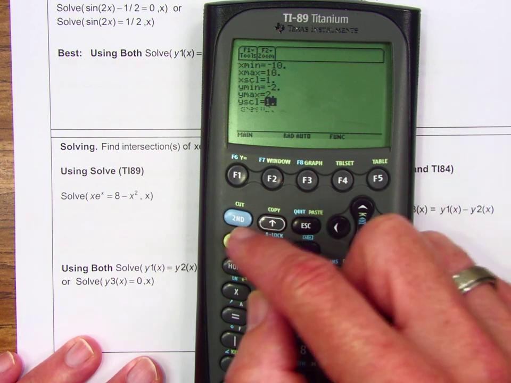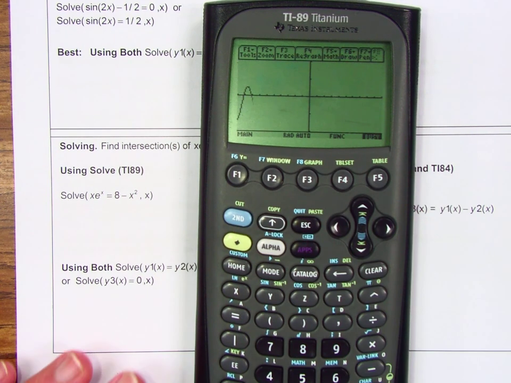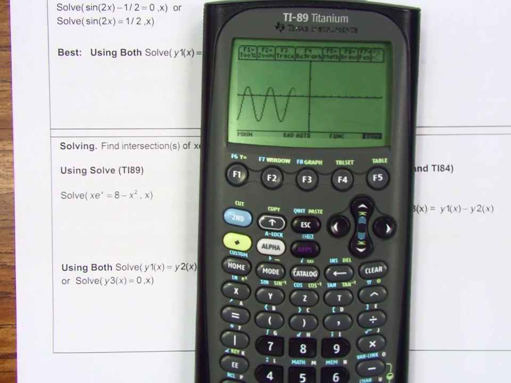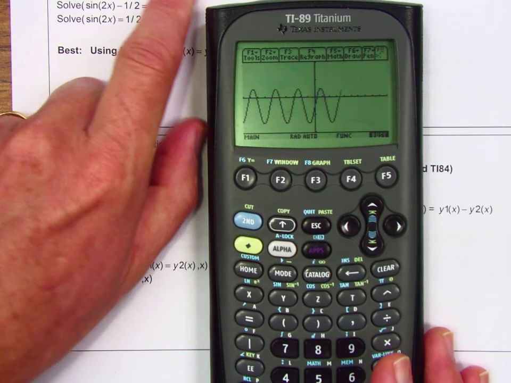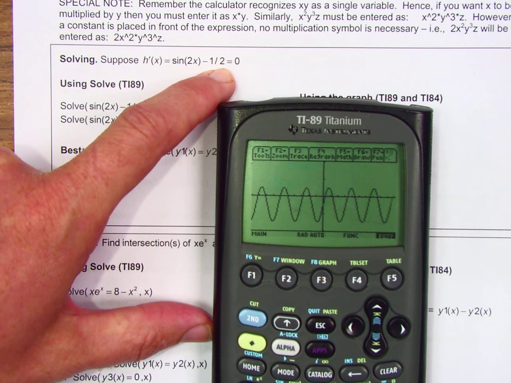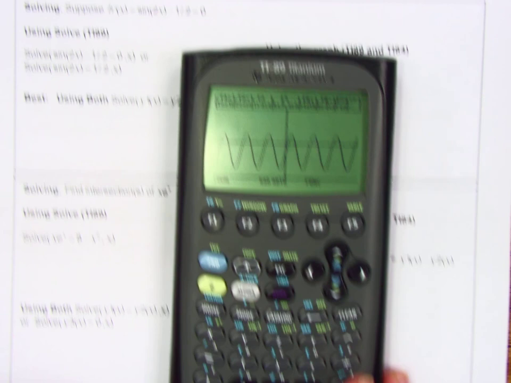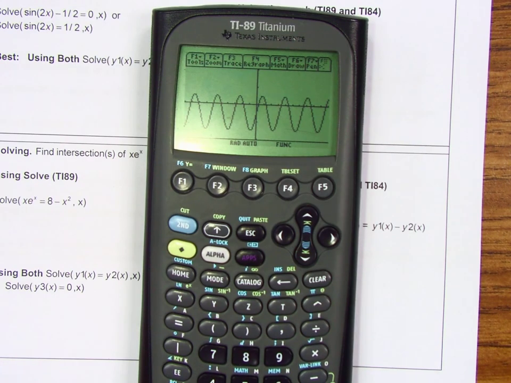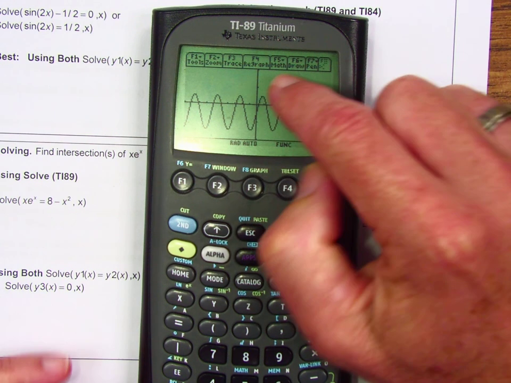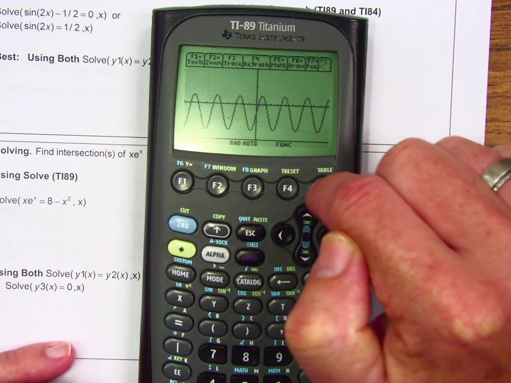Let's go back to the graph. Now we've got a smaller window. Remember why we would want to do this: think about how many times we say the derivative equals 0, and there are many solutions. I can only do one at a time this way, so I'm going to go up and do F5, which is math.